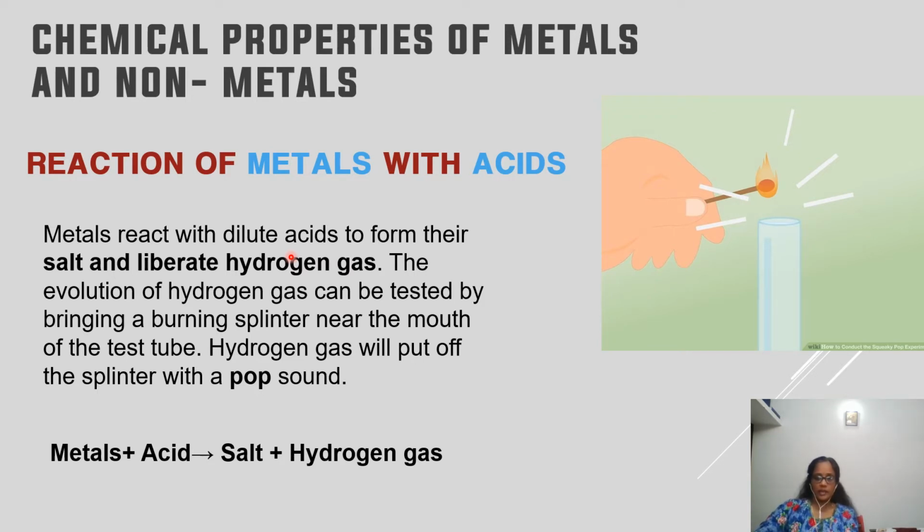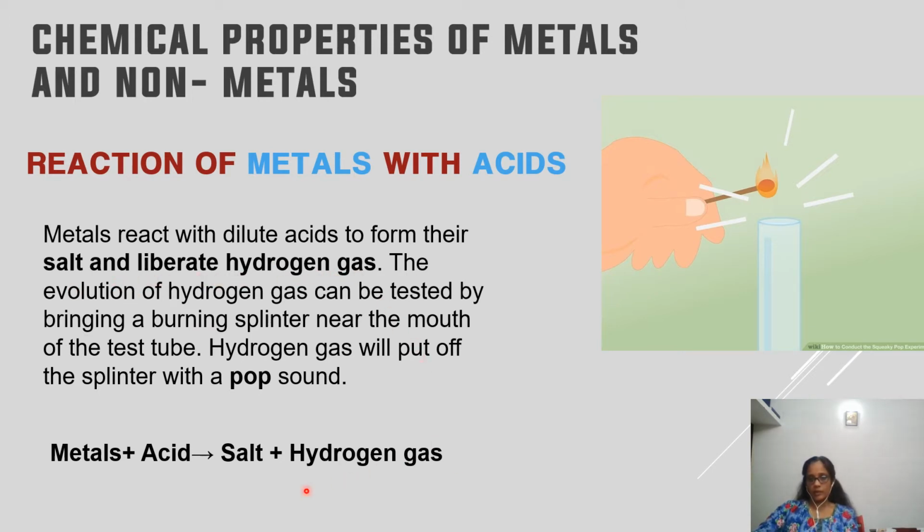When we dilute, the concentration level is decreased and it is not much corrosive or strong. That process is called dilution, and those acids are called dilute acids. So metals react with dilute acids to form their salt and liberate hydrogen gas.